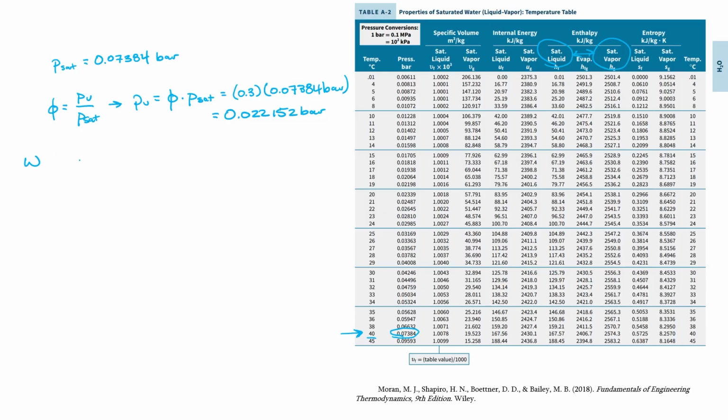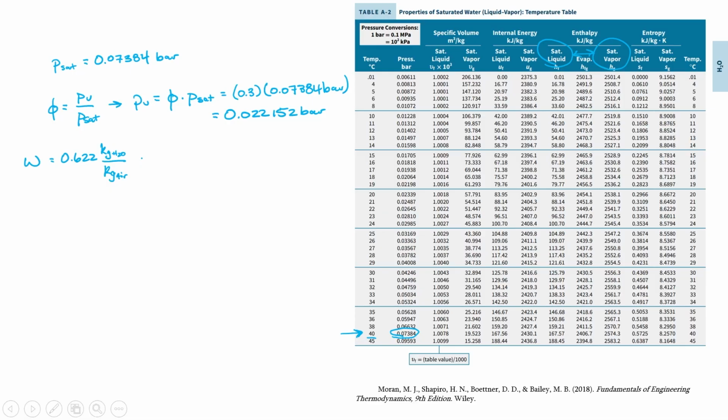So solving for my humidity ratio, this is going to be equal to 0.622 times my vapor pressure. This 0.622, I'll throw in units here. I've got space for that. Kilograms H2O per kilogram air.